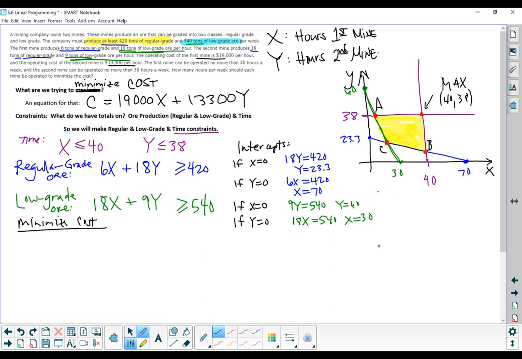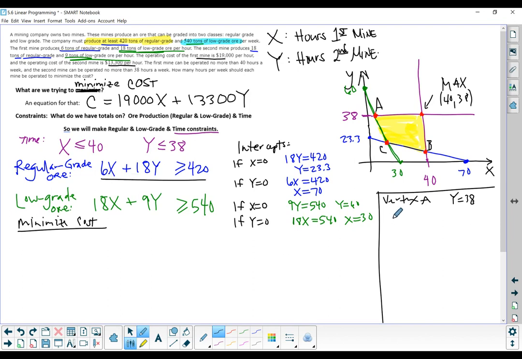because we know that its Y value is 38. So we can just use one of the equations here to figure out the X value. So I'm going to go ahead and use this one.